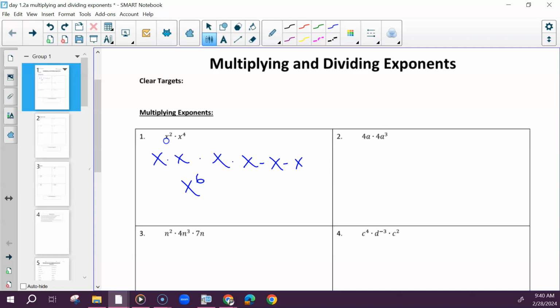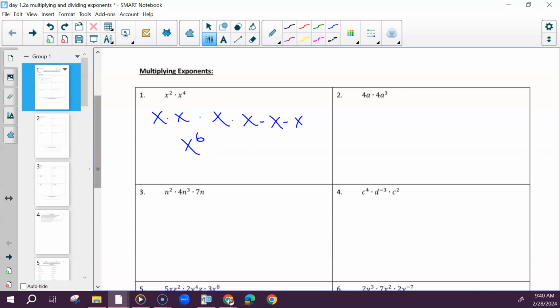If in number 2 I did the same thing and I separated each term, I have 4 times a times 4 times 3a's. I'm going to rearrange it so that the 4's are together and the a's are together.